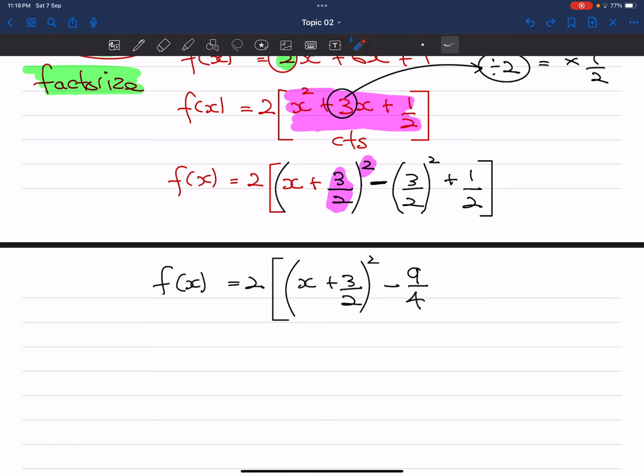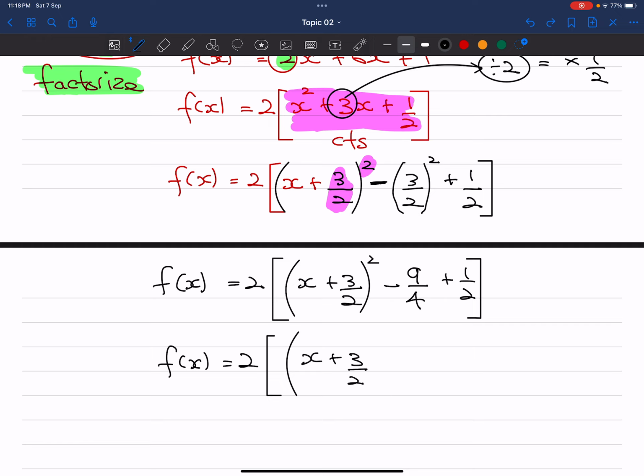And finally, the last number, 1 over 2, put back. Again, I close it with the square brackets. The square brackets is important. Now, I'm going to write back the f(x) together with the 2, with the square brackets and the curly brackets, which was x plus 3 over 2, curly brackets, and then I square.